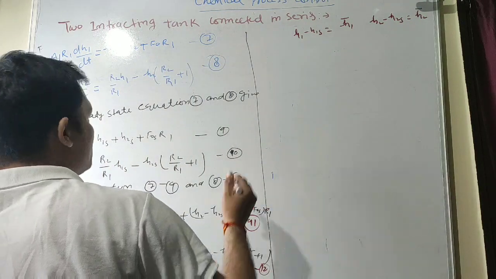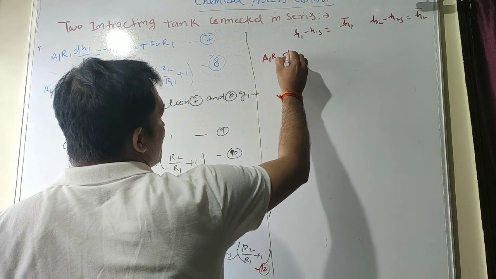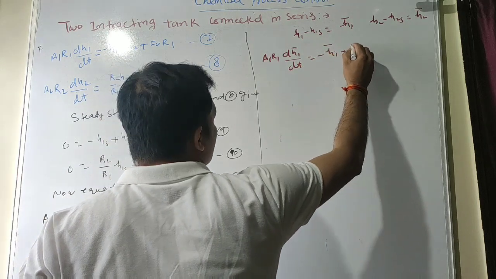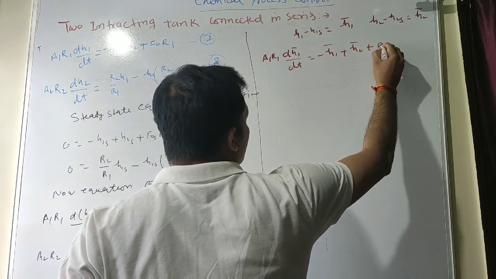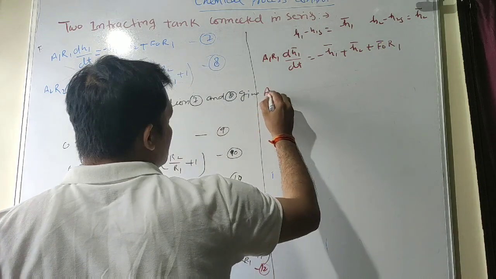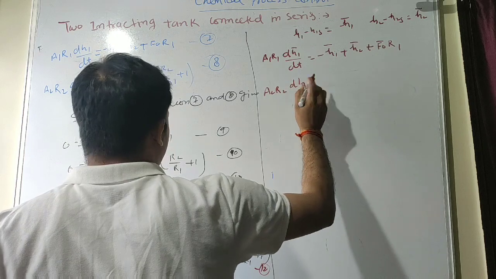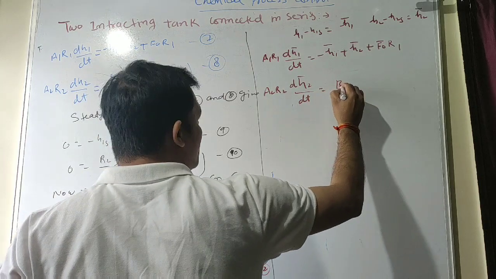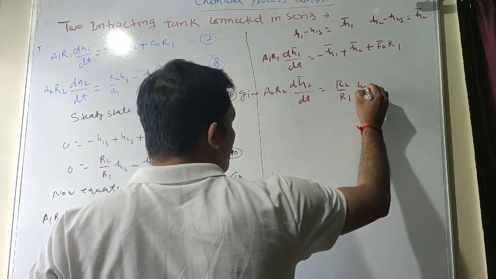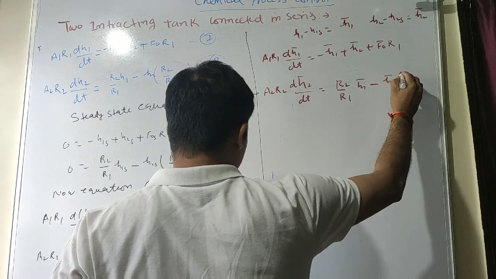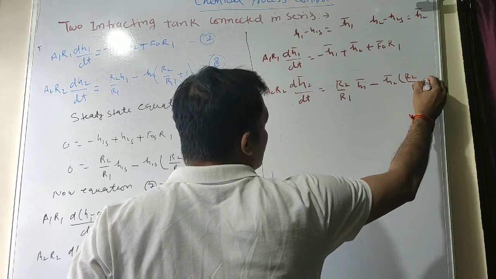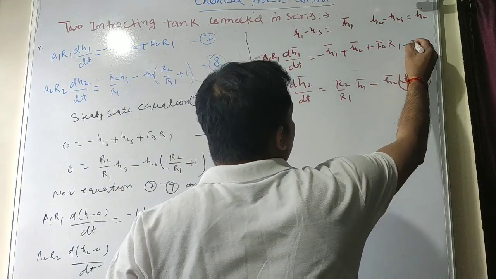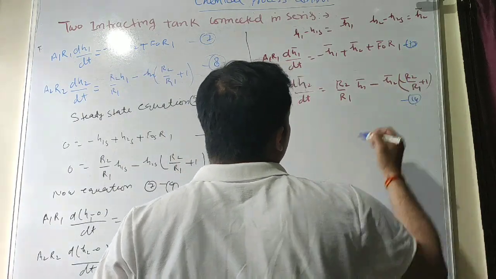So equations 11 and 12 become A1 R1 dh1 bar upon dt equal to minus h1 bar plus h2 bar plus f0 bar into R1, and equation 8 becomes A2 R2 dh2 bar upon dt equal to R2 upon R1 h1 bar minus h2 bar R2 upon R1 plus 1. Now this is equation number 13 and 14.